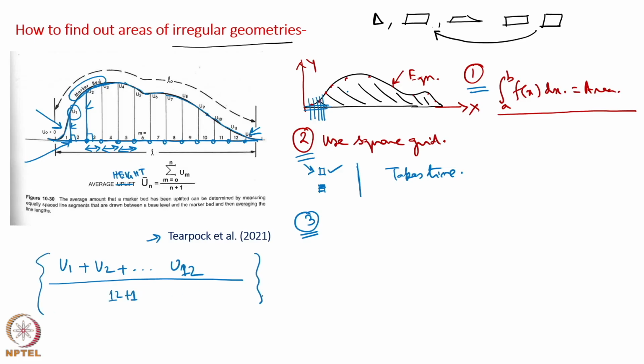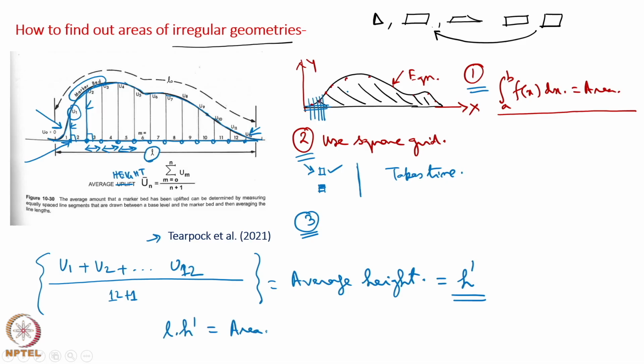What comes out from here can be called the average height. Let us call it h dash.